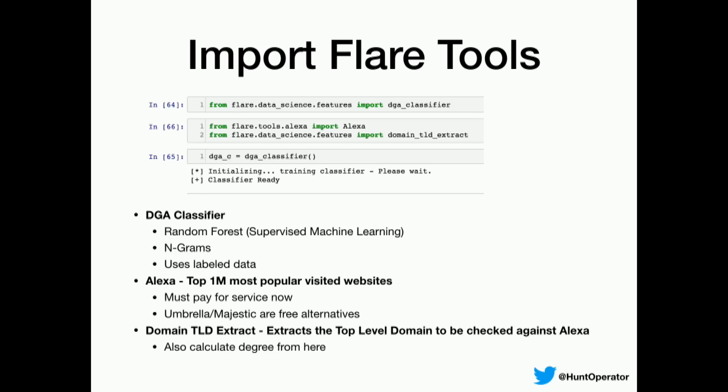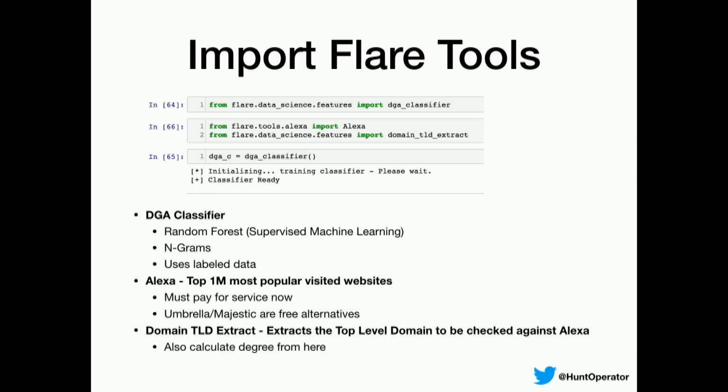So random forest is one variant. It's an algorithm you can use for supervised machine learning. And then it uses something called n-grams, and then it uses, of course, labeled data. There's plenty of labeled data out there for DGA. For the benign data, it uses Alexa top 1 million.